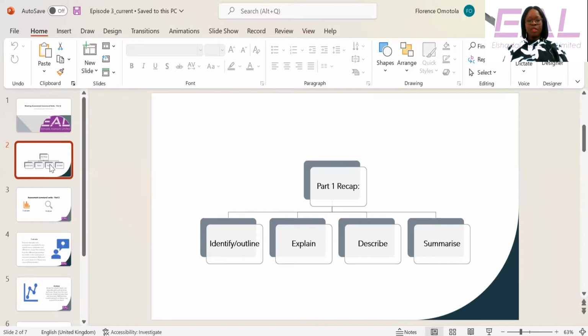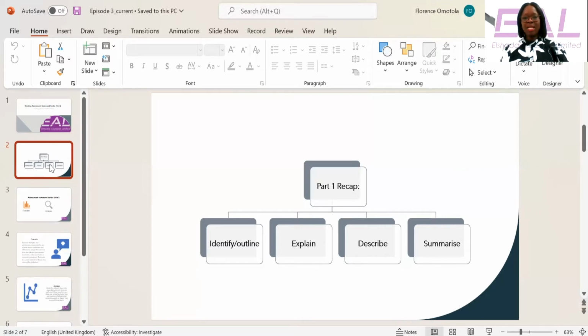We talked about explain as well. Explain simply means that you are providing detailed information about a subject, with reasons for how it happened and why it was so.